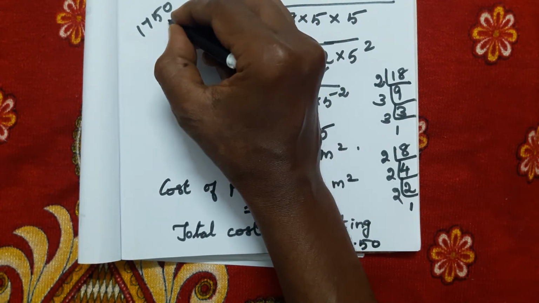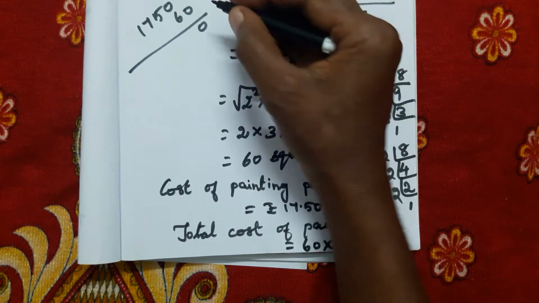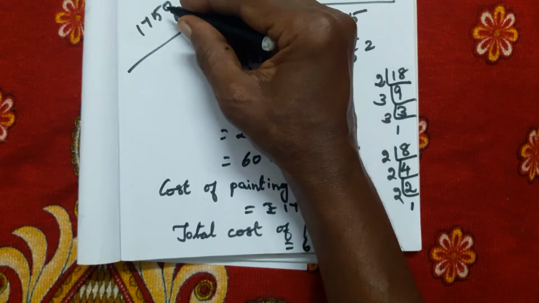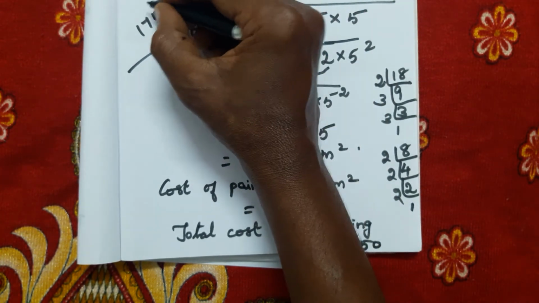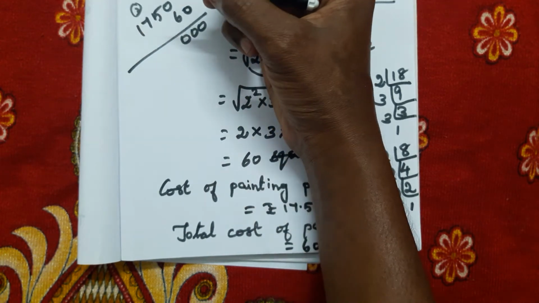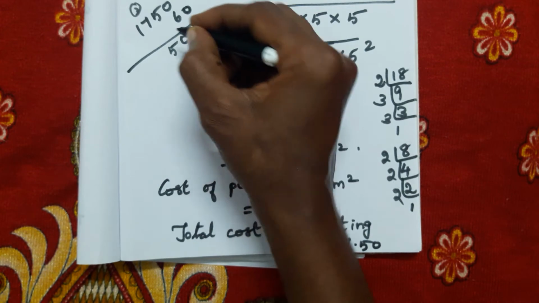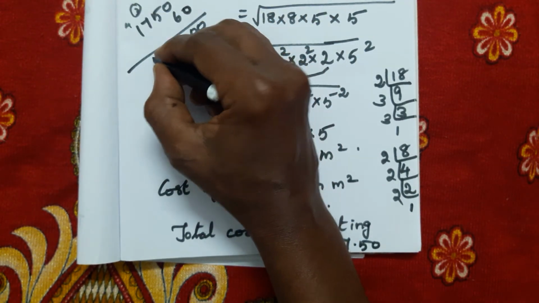1750 into 60. When we are multiplying by 60, we simply write 0. Next 6 into 0, 0. 5 sixes are 30, next 3 balance. 7 sixes are 42, 42 plus 3 is 45, 4 balance. 1 six is 6, 6 plus 4 is 10.